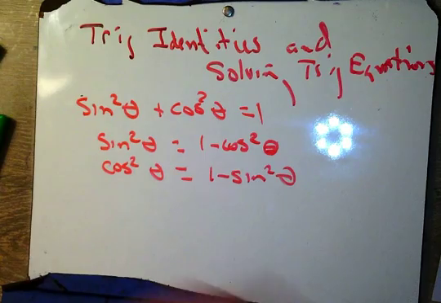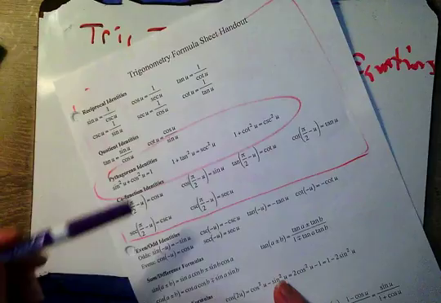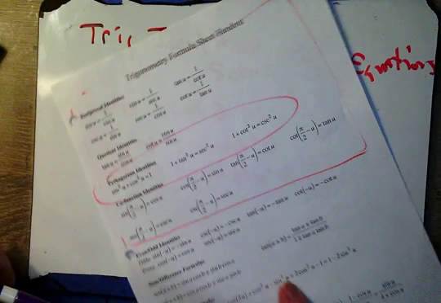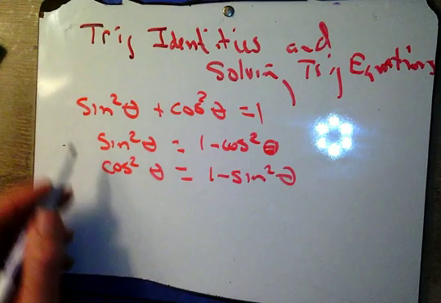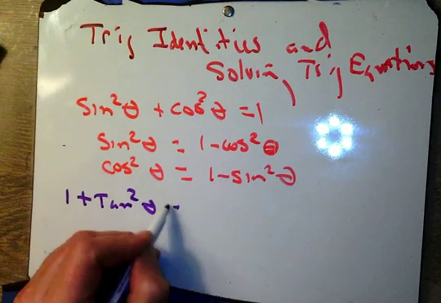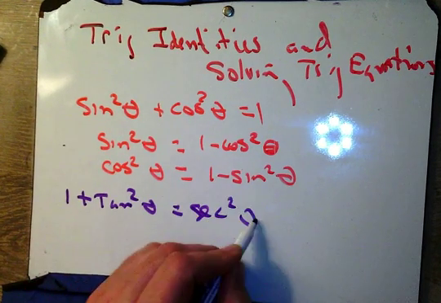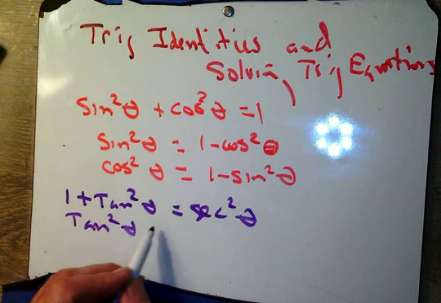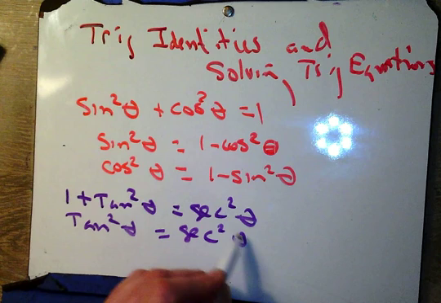You also need, notice that there are 3 different Pythagoreans here. And you need to know each of those, like you need to know that 1 plus tangent squared is equal to secant squared. But if you subtract 1 from both sides, you determine that tangent squared is secant squared minus 1.